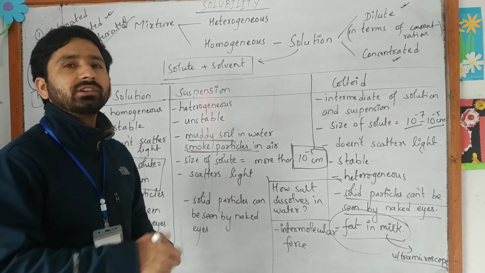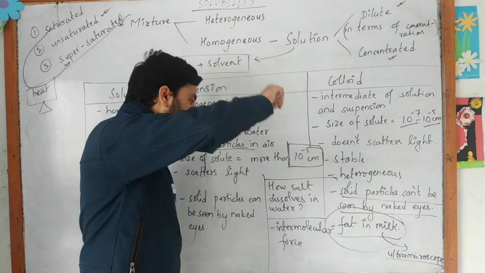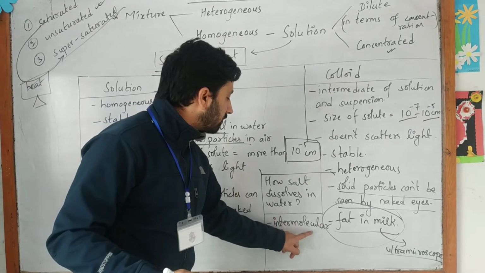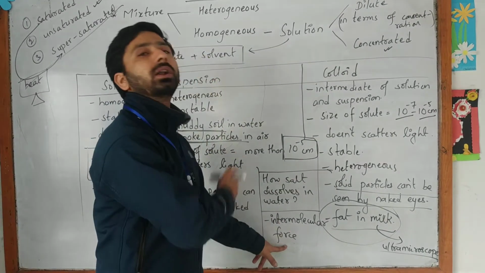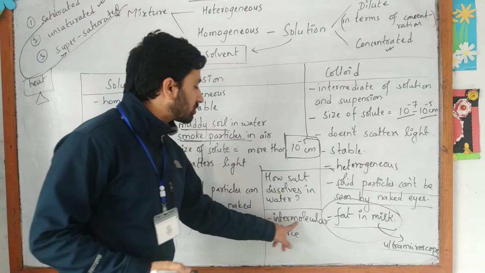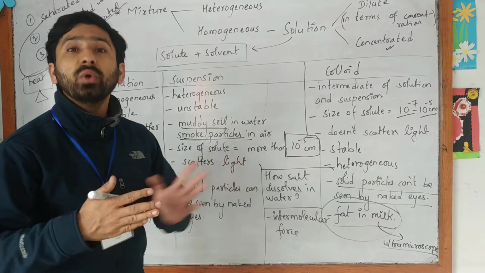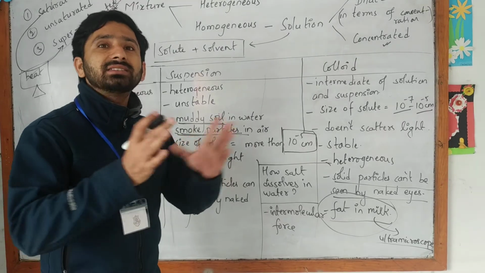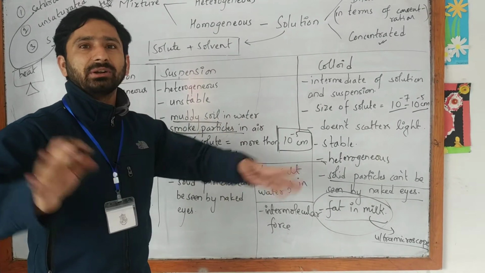One molecule is attracted towards another with a very strong force. But whenever we take a spoon of salt and keep it inside the water, that strong intermolecular force is broken up by the water, and the strong force becomes weak. Now the molecules of salt start to separate from each other.